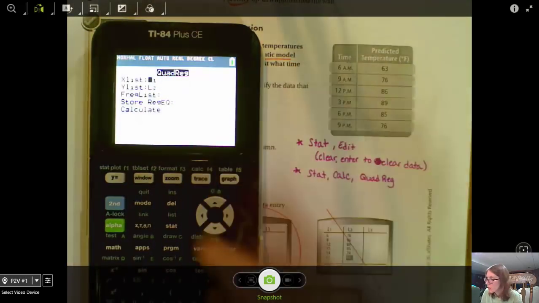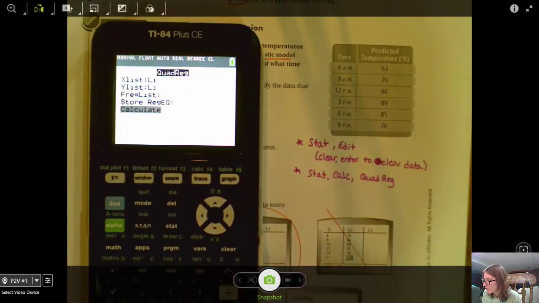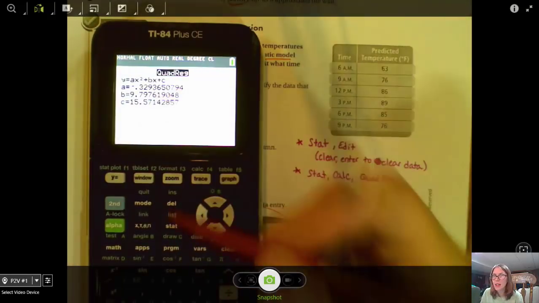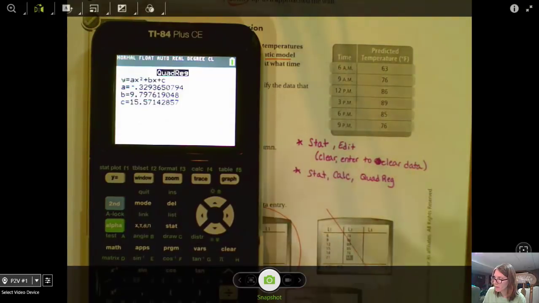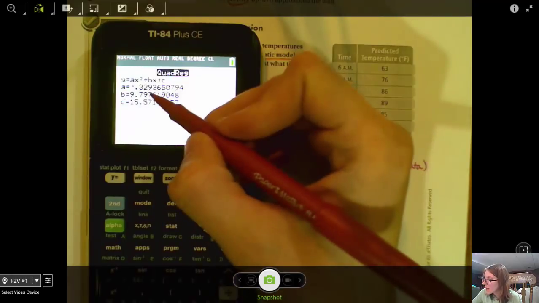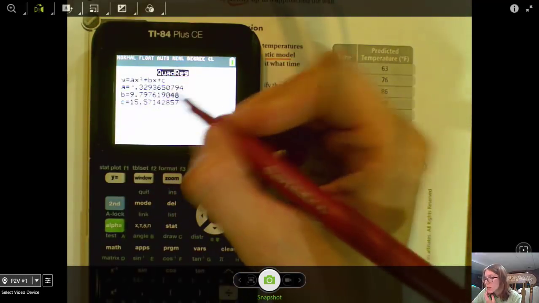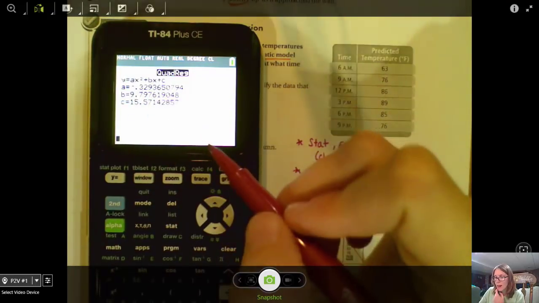It's already set, so I have list 1 and list 2 here. Go down to calculate, and here are my values. We see A equals negative 0.329, all of these digits, B and C.